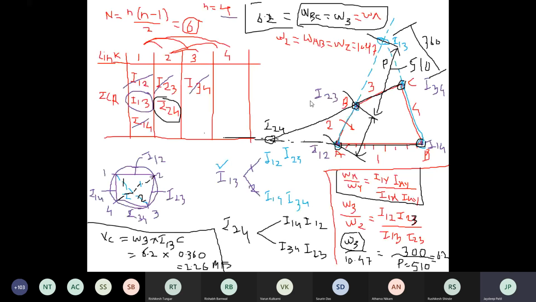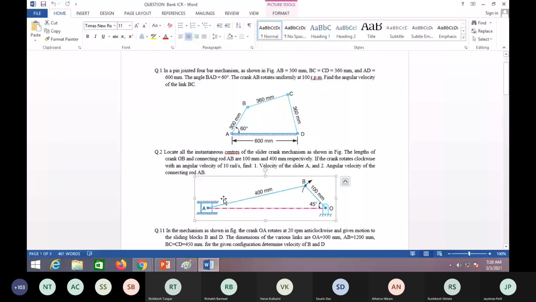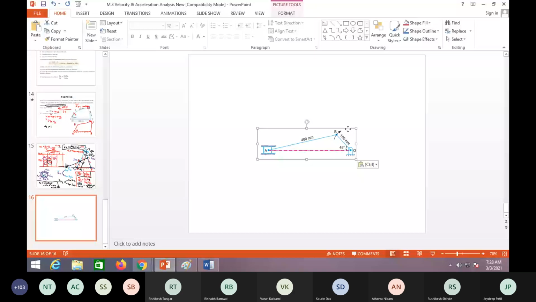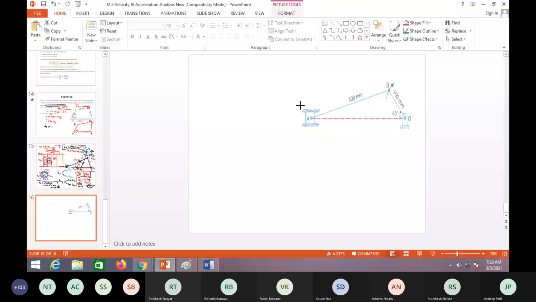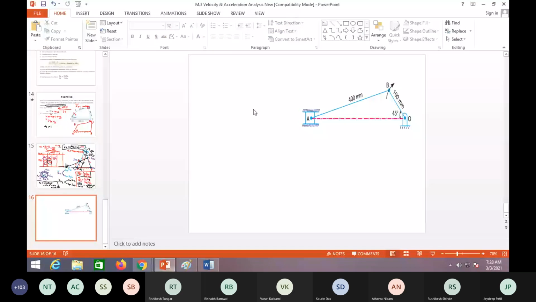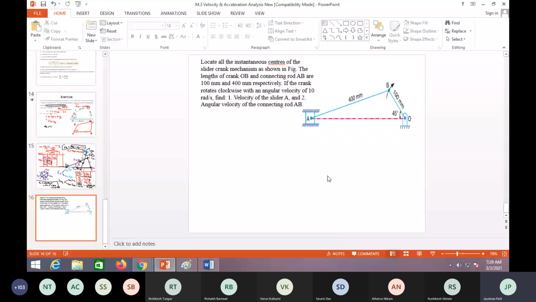Okay, now what is the problem? Locate all the ICRs of the slider crank mechanism shown in the figure.